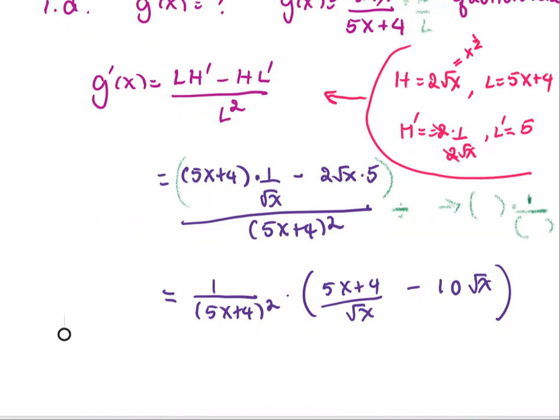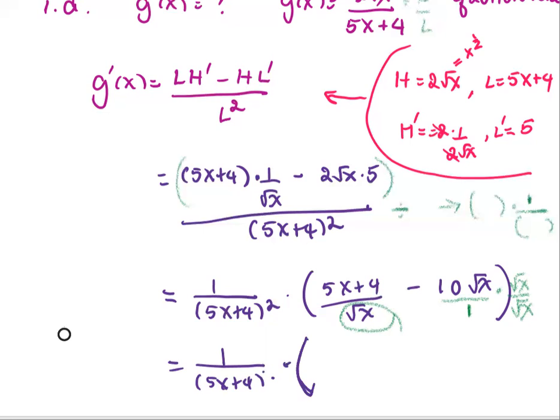The first one is a fraction, the second one is not, so I make it as dividing by 1. To find the common denominator, which is square root x, I will multiply the last expression by square root x over square root x. But 5x plus 4 remains where it is.